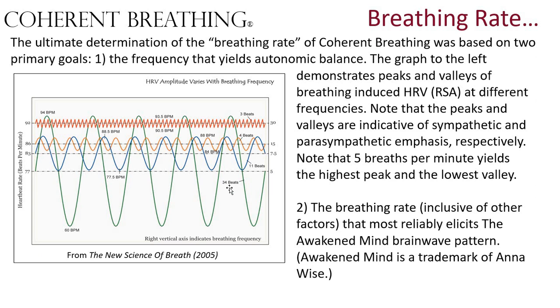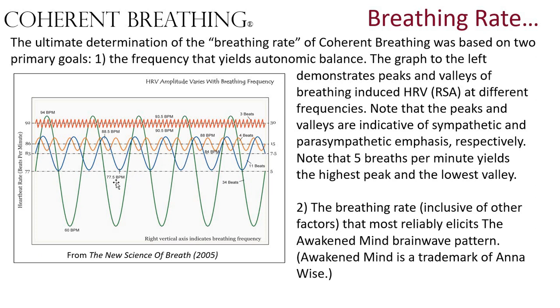One final point regarding this graph, this being the difference we see in the valleys of the heart rate variability cycles associated with these 4 different breathing frequencies. The red graph bottoms out at 90.5 beats per minute. The orange graph, that of 15 breaths per minute, bottoms out at 84 beats per minute.